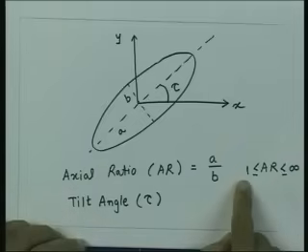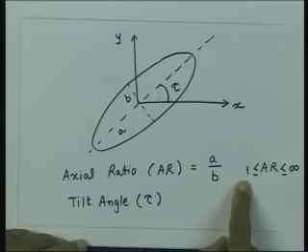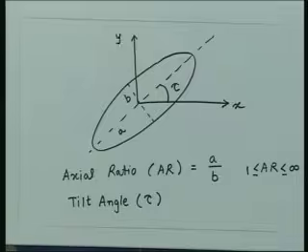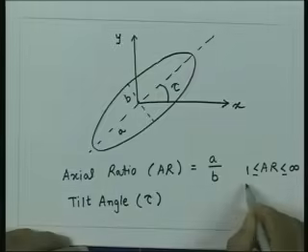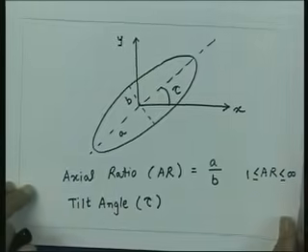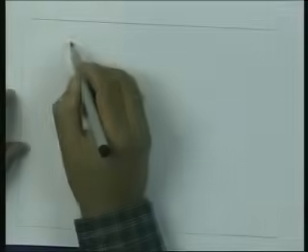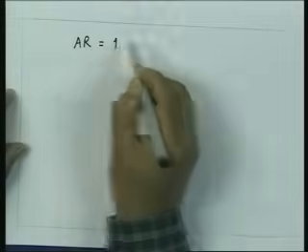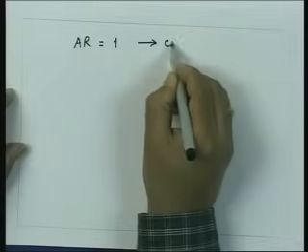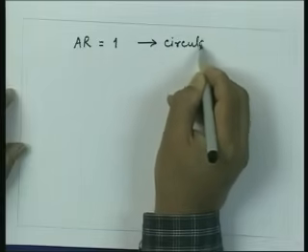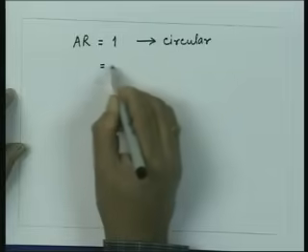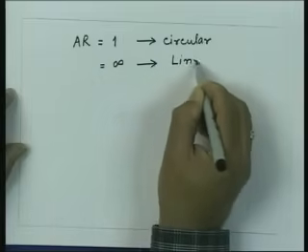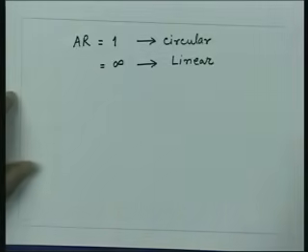The 1 would correspond to the circular polarization, the infinity will correspond to the linear polarization. So, from here we get AR equal to 1 gives circular, equal to infinity gives linear.